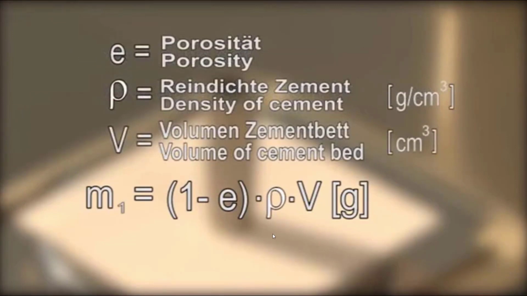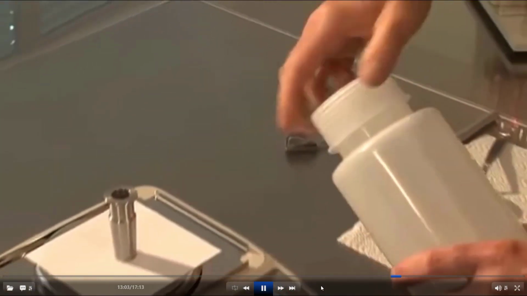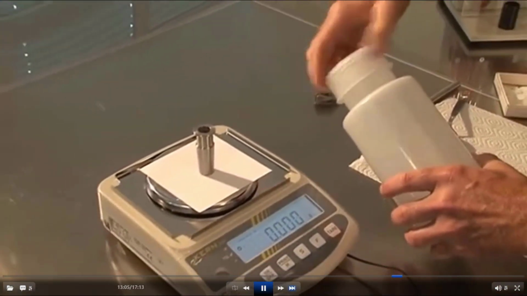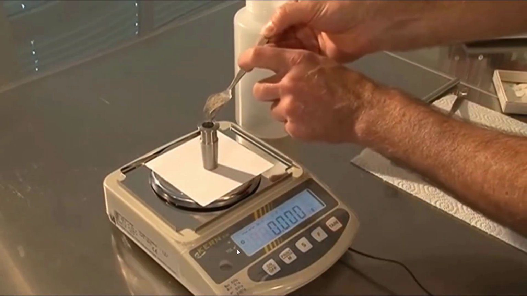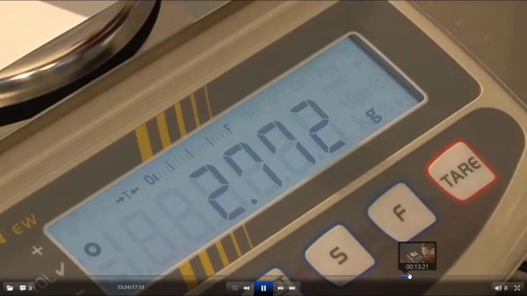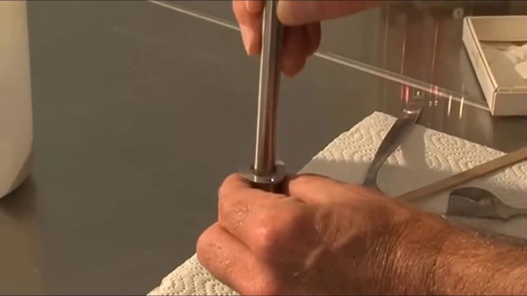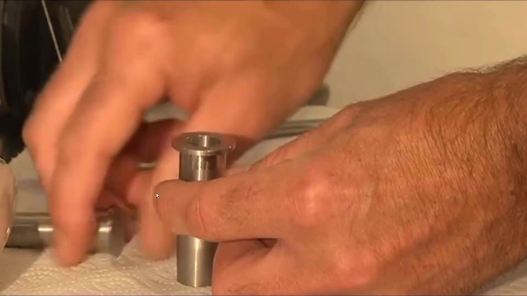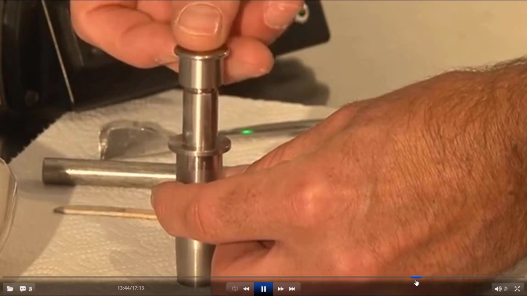Volume would be 1935 centimeter cube. Porosity of the cement you will be using would be as specified by your manufacturer. So by calculating the mass of the cement, which is around 2.7 something, you will just pour the cement into this cell and insert the plunger to release any air entrapped between the particles.